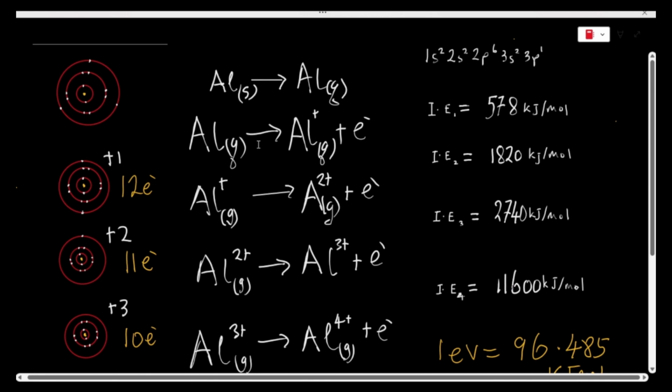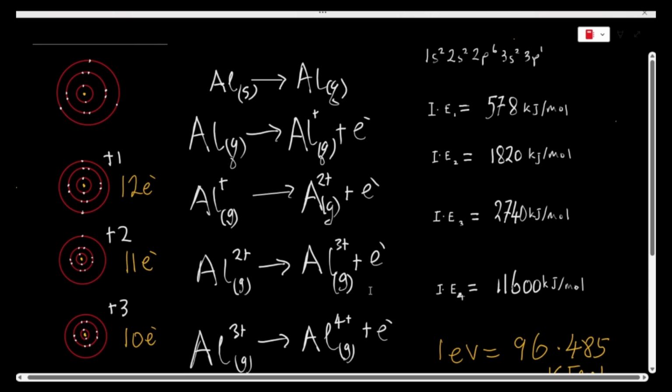When you are asked to define the first ionization energy: it is the energy required to remove 1 mole of electrons from 1 mole of gaseous atoms to produce 1 mole of gaseous +1 ions. The second ionization energy is the energy required to remove 1 mole of electrons from 1 mole of gaseous +1 ions to produce 1 mole of gaseous +2 ions.